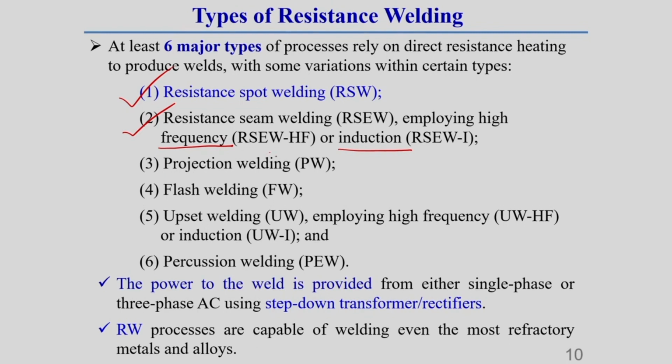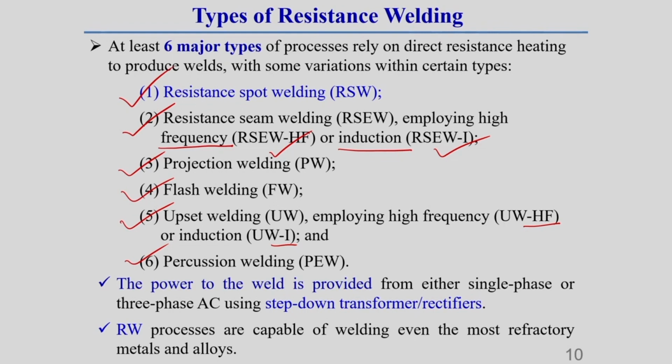One is called RSEW-HF, that means high frequency, and another one is RSEW-I, that is resistance seam welding induction assisted. Now, the third category is called projection welding, the fourth is flash welding, and the fifth is upset welding. This upset welding also has 2 variants: it can apply high frequency AC, as well as induction assisted heating. The sixth category is called percussion welding.